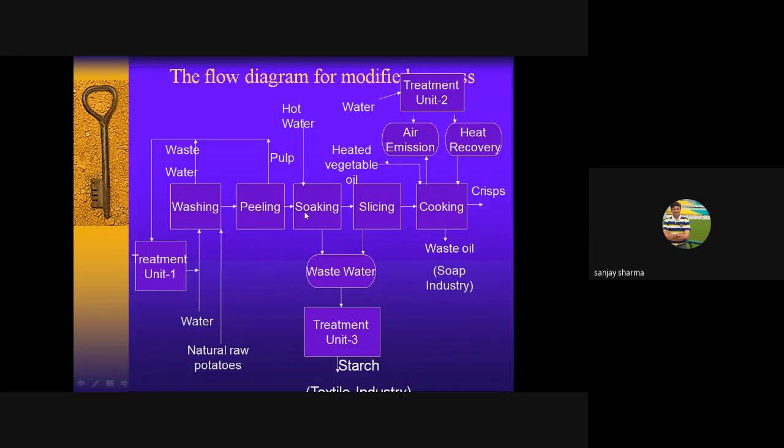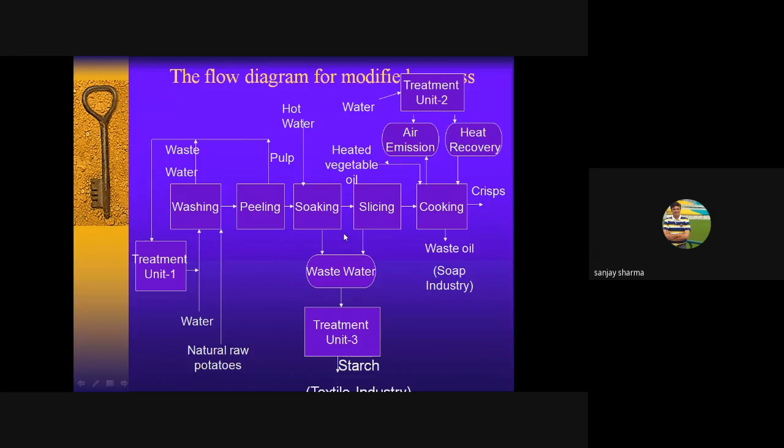Then peeling and soaking, and wastewater in unit 3. The starch was reprocessed and sent to the textile industry. The waste oil goes to the soap industry, and finally heat recovery from the cooking area air emission, again by recirculating that heat through pipes back to the cooking unit.